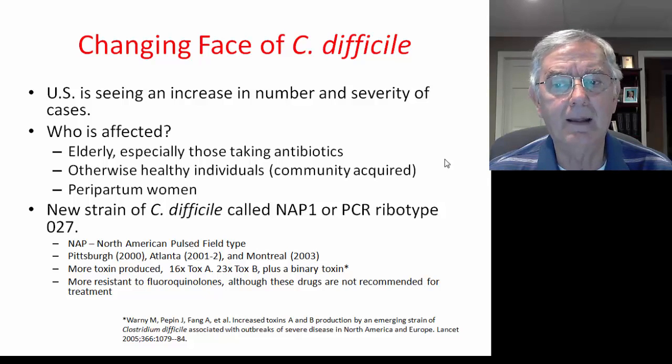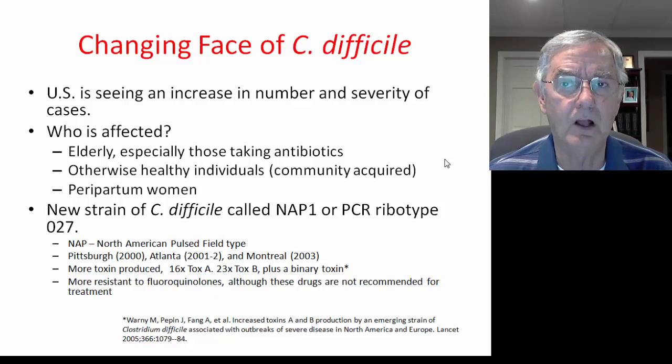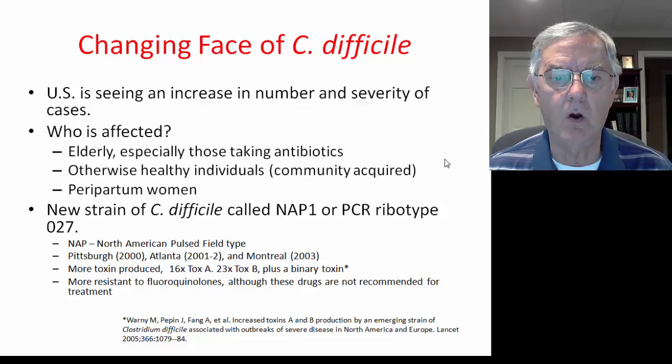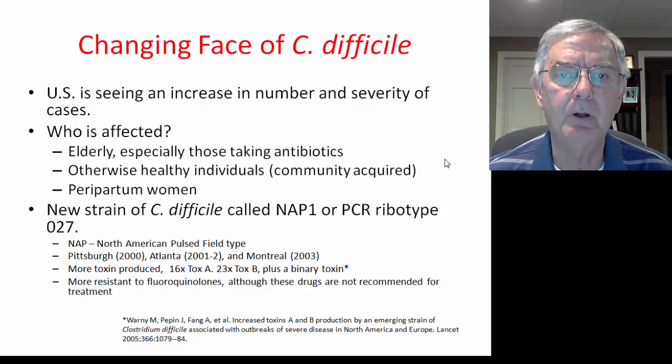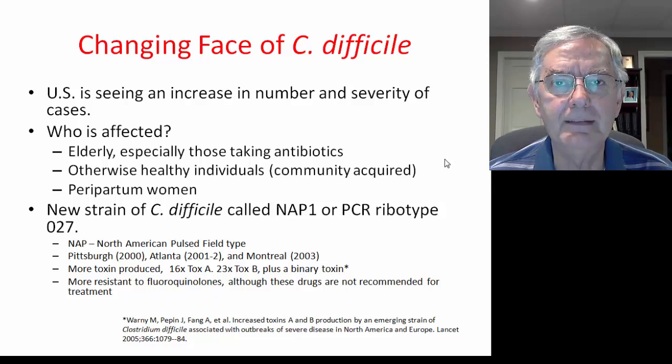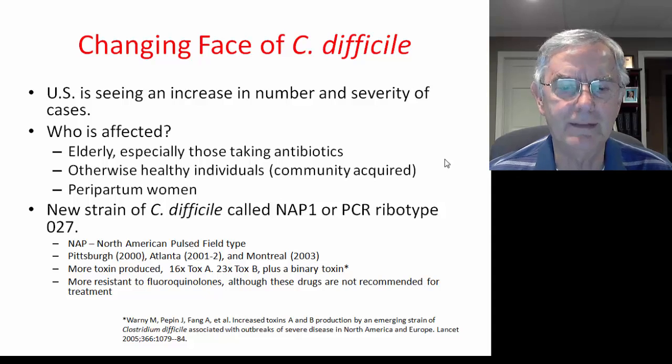Community-acquired cases and peripartum women have also seen this new strain. It is called the NAP1 strain, for North American Pulsed-field type 1, which is how it got that name. It's also called PCR ribotype 027.